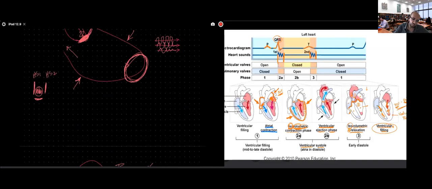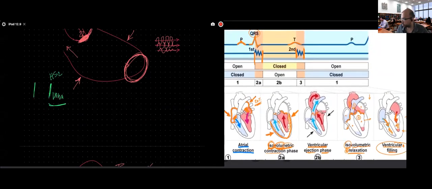How about if you did hear something different here? You hear this time lub, dub, sh. Lub, dub, sh. So this is a murmur that takes place when? During contraction or relaxation, after the second heart sound. Second heart sound marks the ventricular, remember?